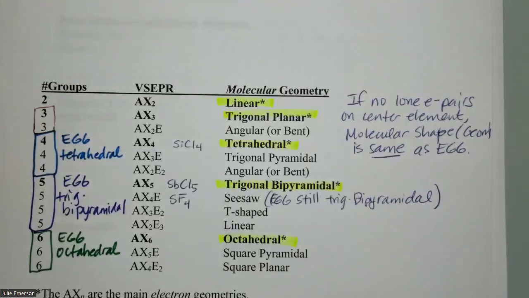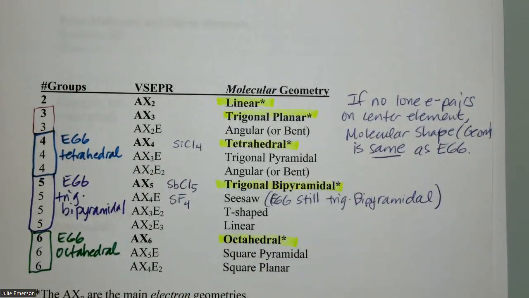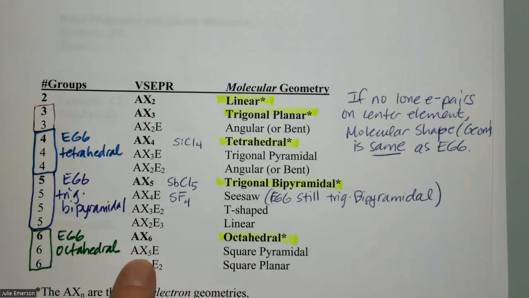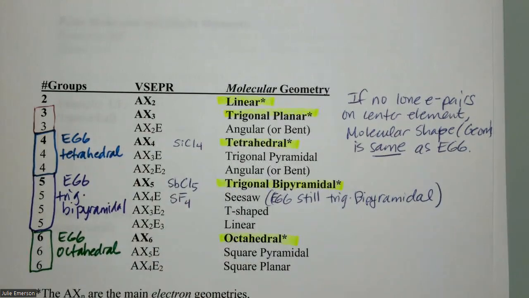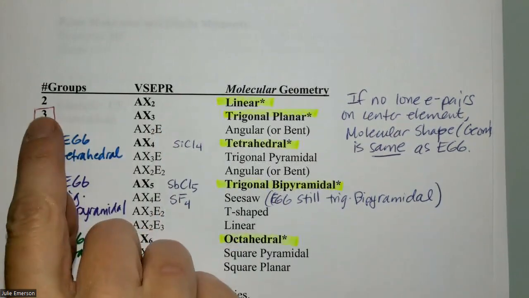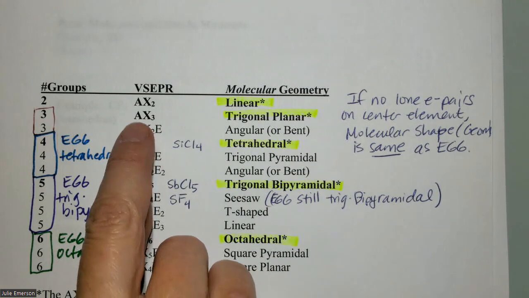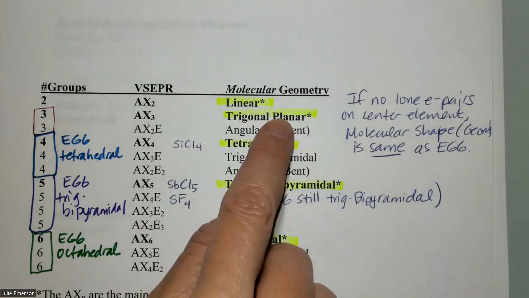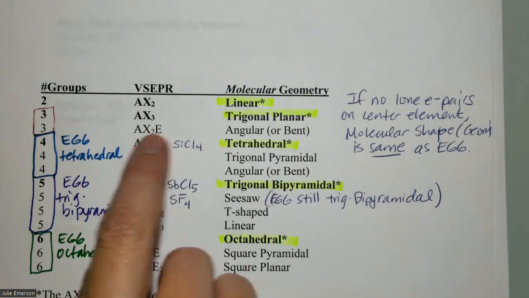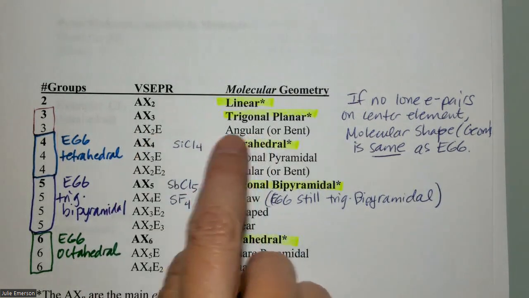All right, so what does that show you? When they're listed in order this way, and this is exactly how the table will be listed. Whatever the first thing is here, the AX3, that is the molecular shape, trigonal planar, and it's the electron group geometry, trigonal planar. If I go to AX2E, the shape will be here.